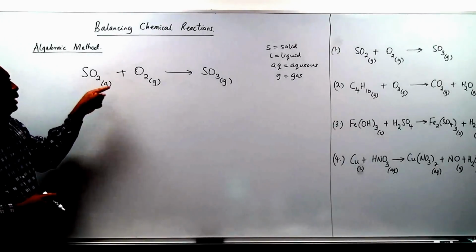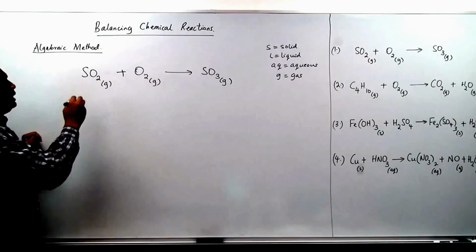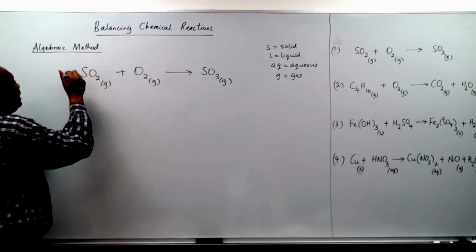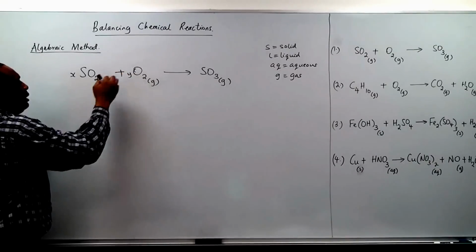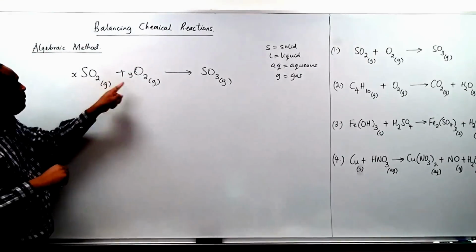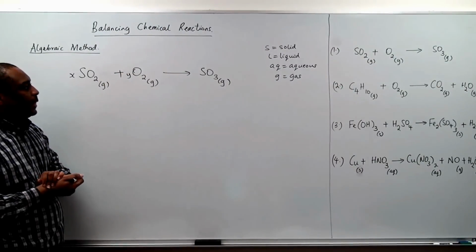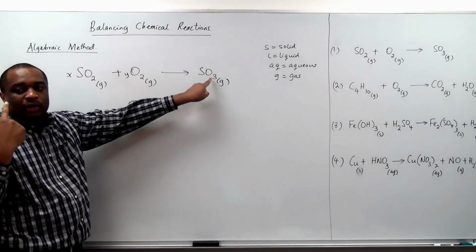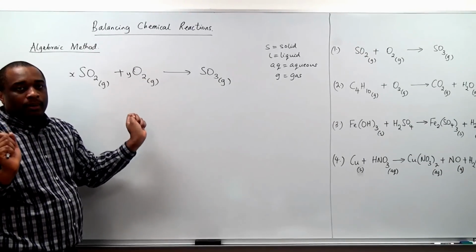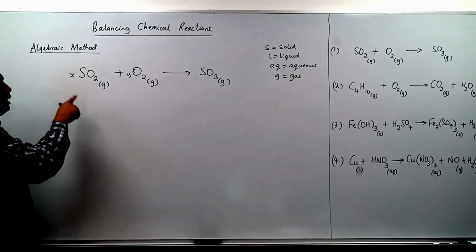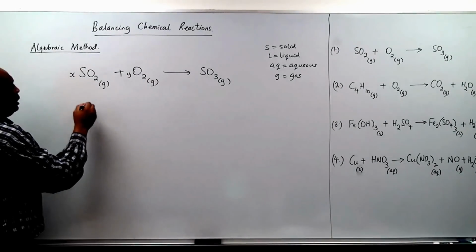All right, so for the algebraic method, we place variables X, Y in front of the two reactants. Because we have only one product, we leave it. So we now use inspection and write what each of these means.